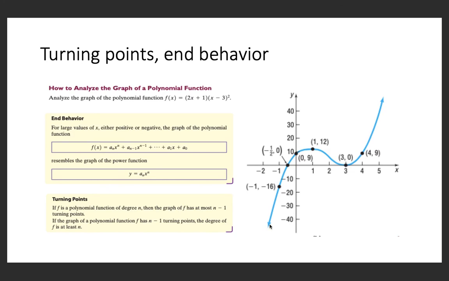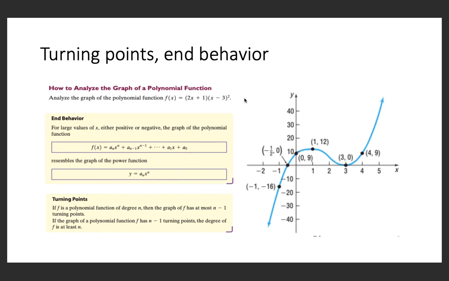These portions depend on the maximum power n, not the other terms. There are many terms here, but the end part will depend on the maximum power. The maximum power of this question is 3.